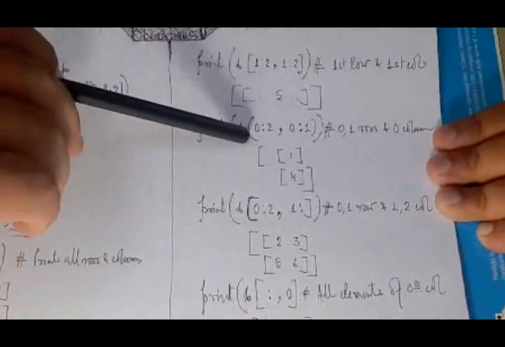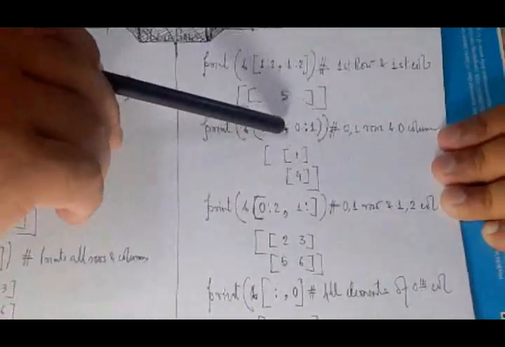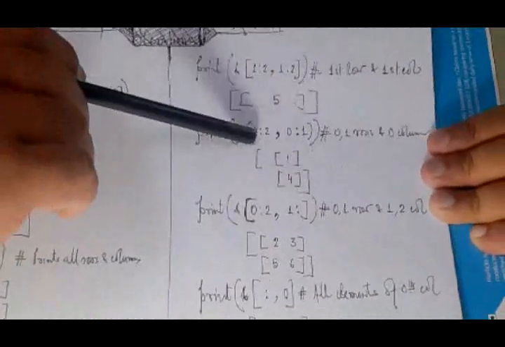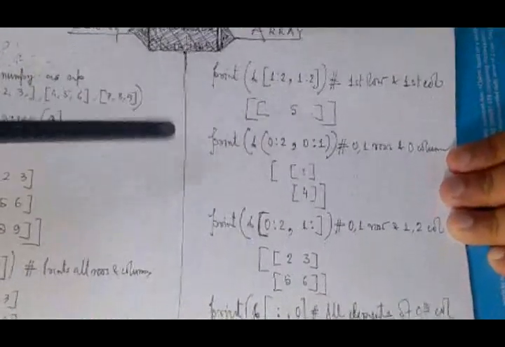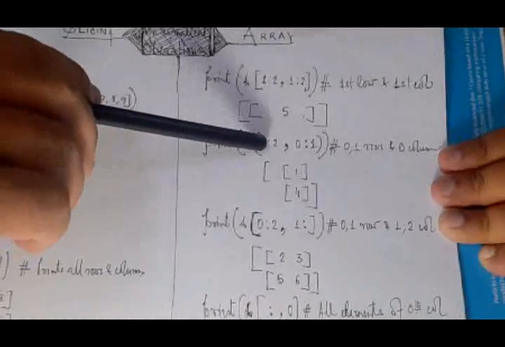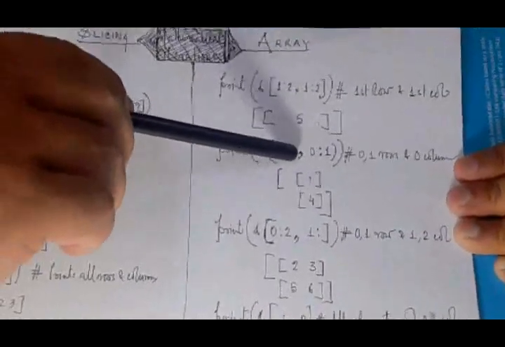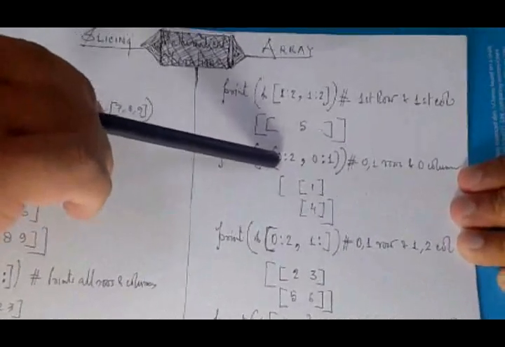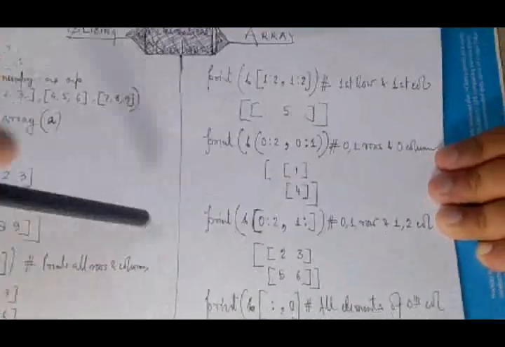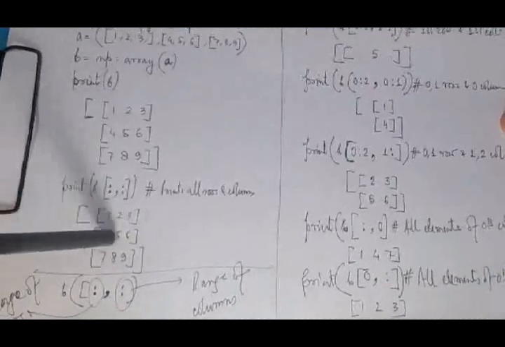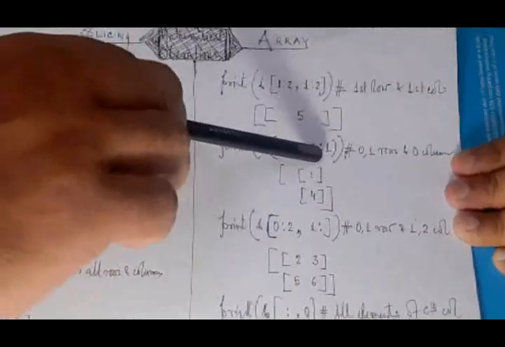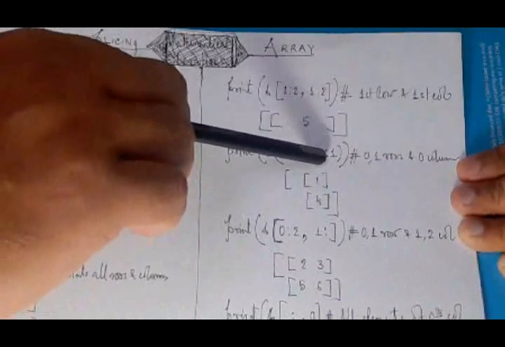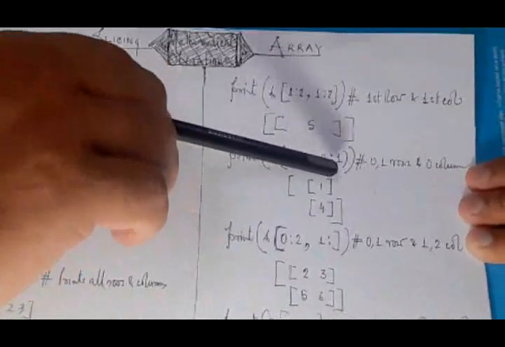Now print B[0:2, 0:1]. 0 colon 2 means values of the 0 index row and the first index row, and values of the 0 index column, 0 index only.